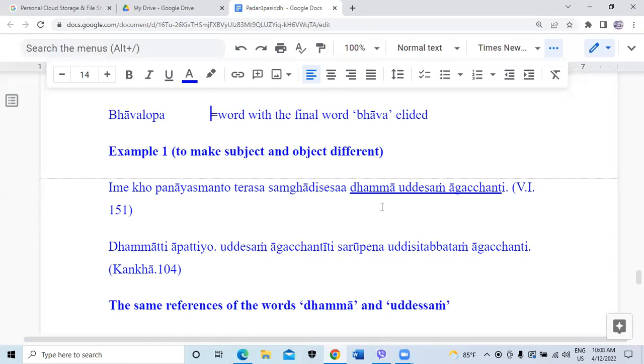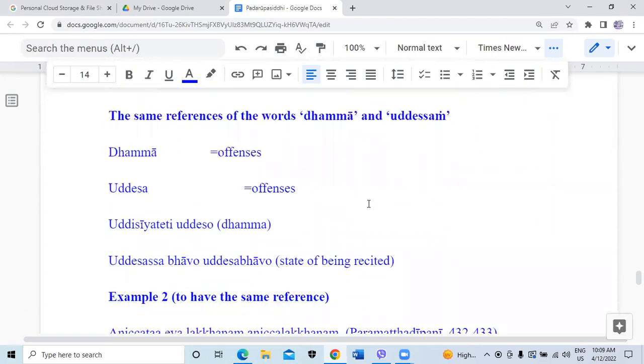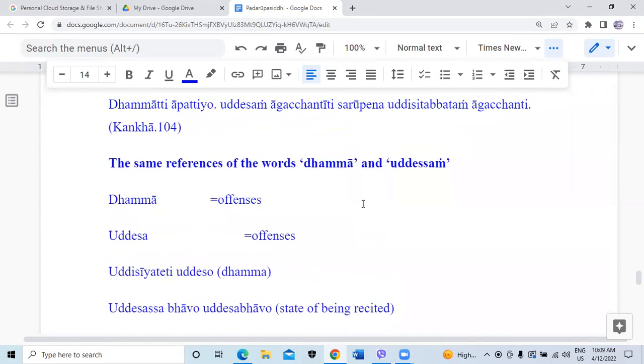So literally we can translate: these 13 Sanghadisesa offenses reach the state of being recited. So why do we have to consider it like this? Why do we have to consider uddesa as Bhavataddhita or Bhavalopa? This is the main question.